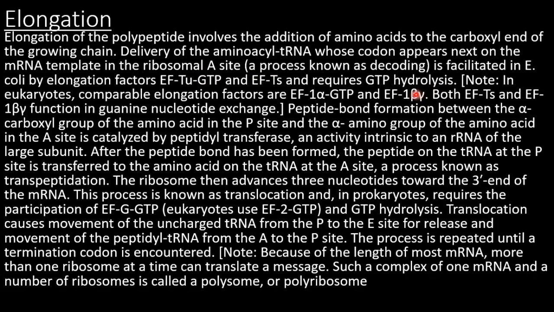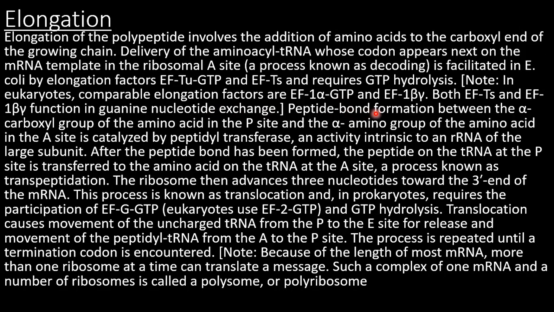This one is the same as this one. Now, both elongation factor Ts and elongation factor 1 beta gamma function in the guanine nucleotide exchange. Once this is hydrolyzed to a GDP, they will remove the GDP and replace it with a GTP.